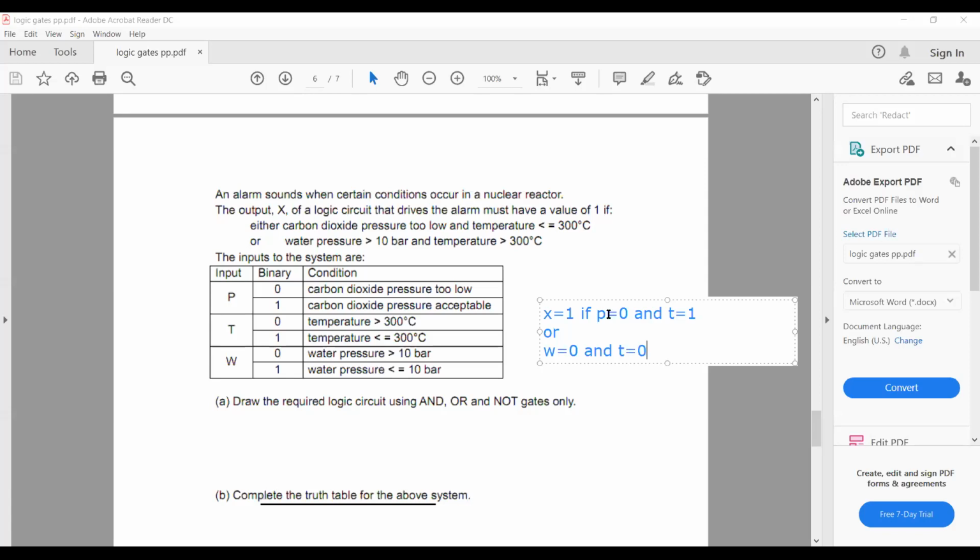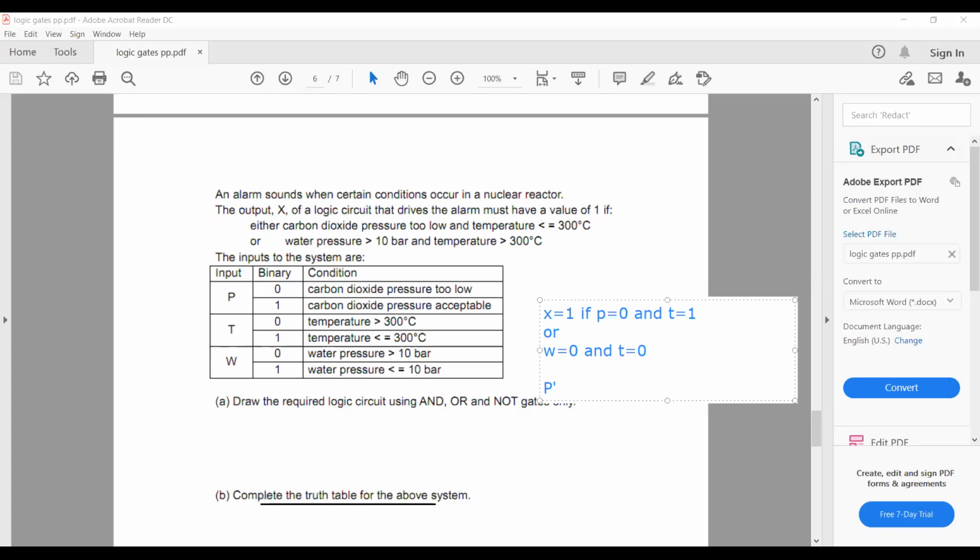Now I have built up my expression. Now what I have to do is put it into a logic expression, make it a Boolean expression. So how to do that? P equals 0 means what? It is dash. We discussed at the beginning that 0 is denoted as dash. So I can write P dash.